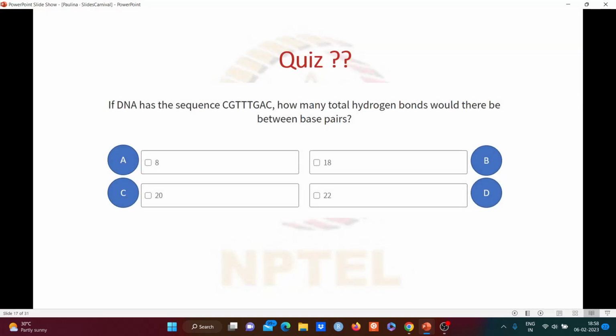The next question is, if a DNA sequence is given, what are the possible hydrogen bonds? So consider this is a single strand sequence. The possible hydrogen bonds it can form with the other strand, that is base pairing.